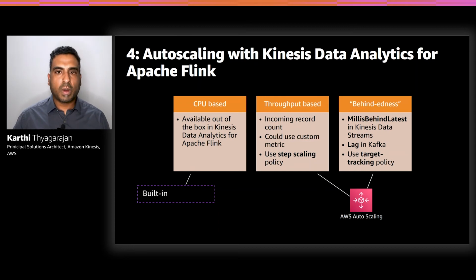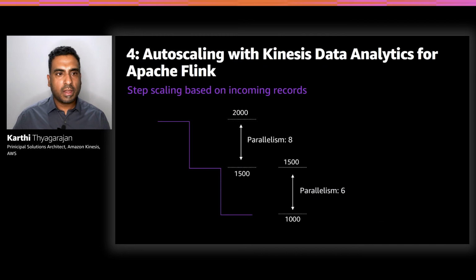So if you want to set up autoscaling based on either throughput on the incoming stream or something known as a behindedness metric, like millis behind latest for Kinesis or lag in Kafka, you can use our AWS application autoscaling service to do this. Let's look at the throughput-based scaling strategy initially. For this, we'll use a type of autoscaling policy known as step scaling.